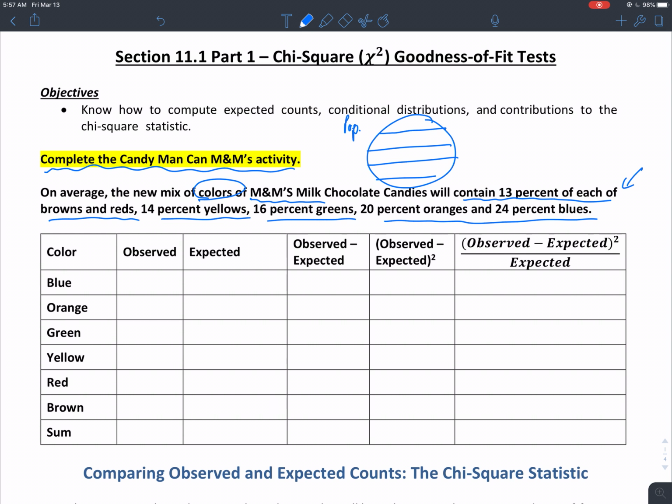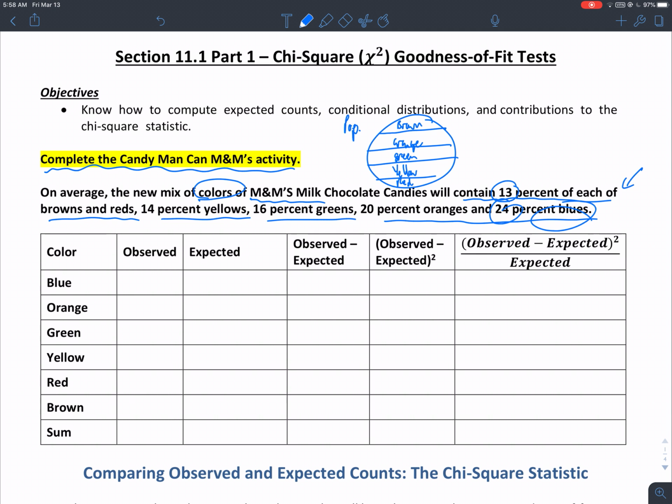Let's say brown and red should be 13%. So this is brown and this would be red, the smaller ones. Then you'd have a bigger part of the population, let's say yellow, and then green here and orange, and I don't have one for blue.